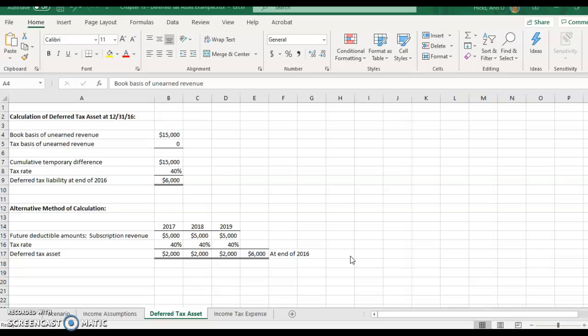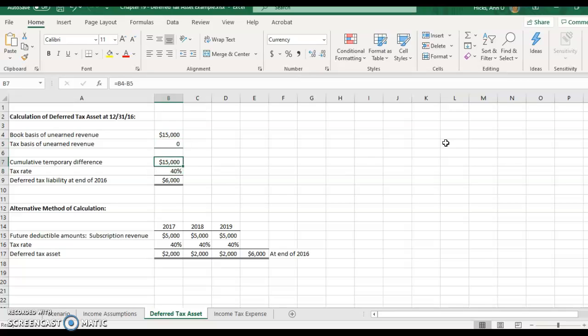Okay, let's look at the calculation of the deferred tax asset. It's a similar process that we went through under the deferred tax liability. We've got the book basis of unearned revenue, which in this case is the $15,000 in subscriptions that was received. From a tax basis perspective, there is zero unearned revenue because we took the entire $15,000 into income during 2016.